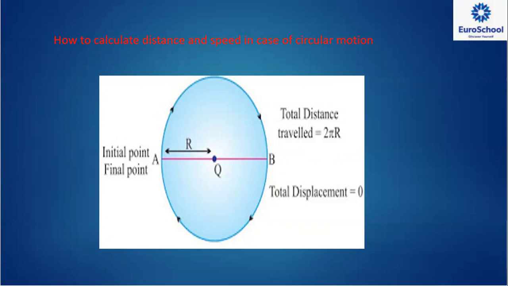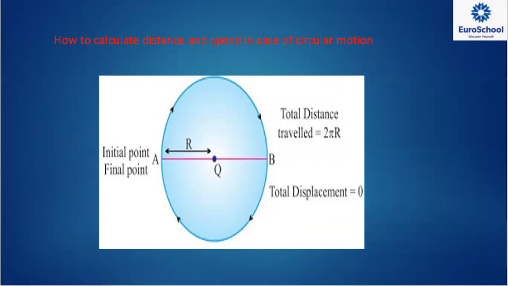Now we have seen how to calculate the distance traveled. Now let's see what happens to the displacement. A person starts at an initial point A, goes along the circumference of a circle and, because it is a circle, definitely comes back to the initial point.